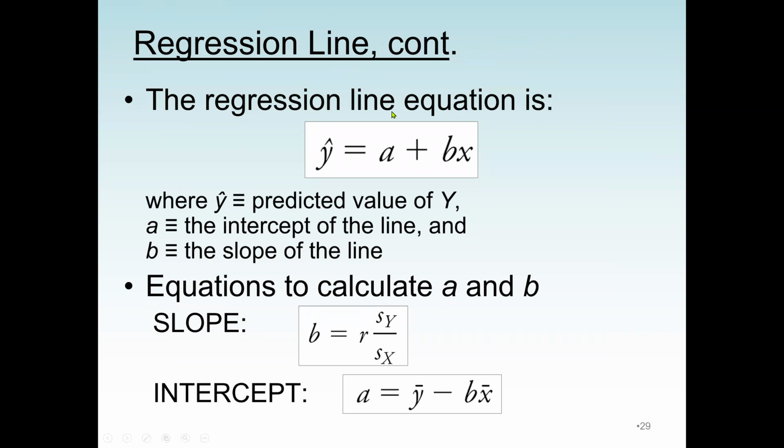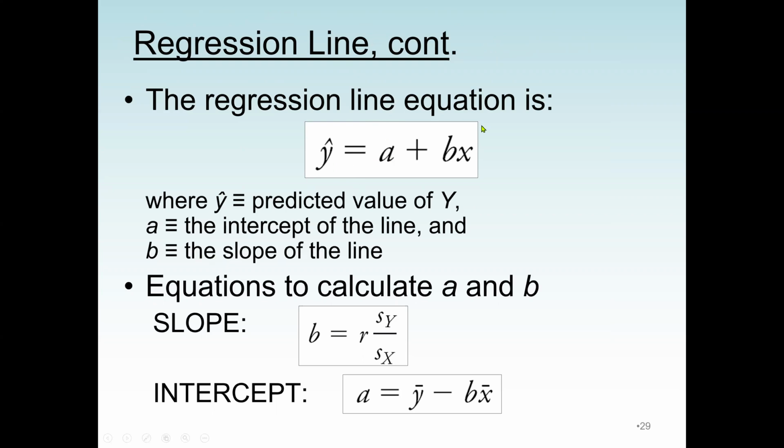The regression line equation is y caret, our prediction, equal to A plus B x. A is our y-intercept, and B is our slope. y caret is the predicted value of y.